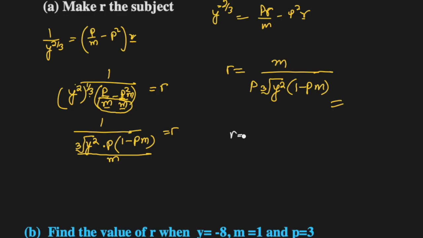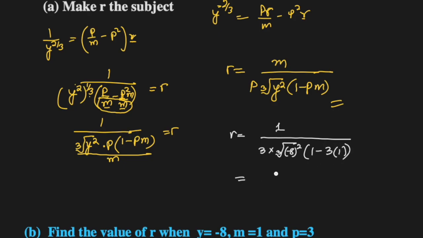So R in this case will be, y is negative 8, so M is how much? 1, and P is 3 multiplied by cube root of negative 8 square, 1 minus P is 3, M is 1.